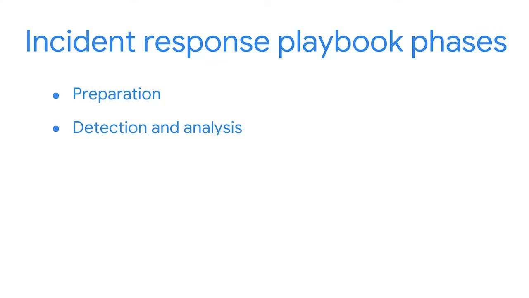The second phase is detection and analysis. The objective of this phase is to detect and analyze events using defined processes and technology. Using appropriate tools and strategies during this phase helps security analysts determine whether a breach has occurred and analyze its possible magnitude. The third phase is containment.